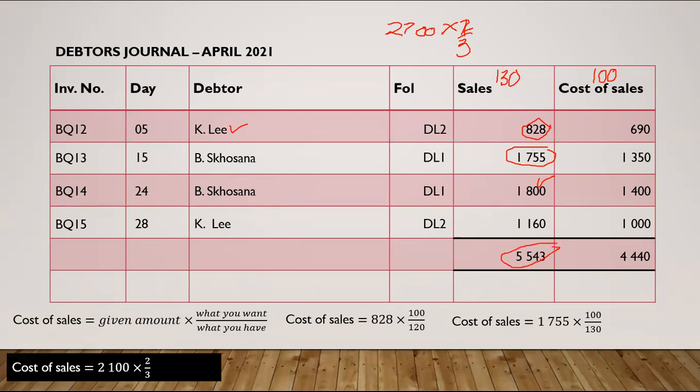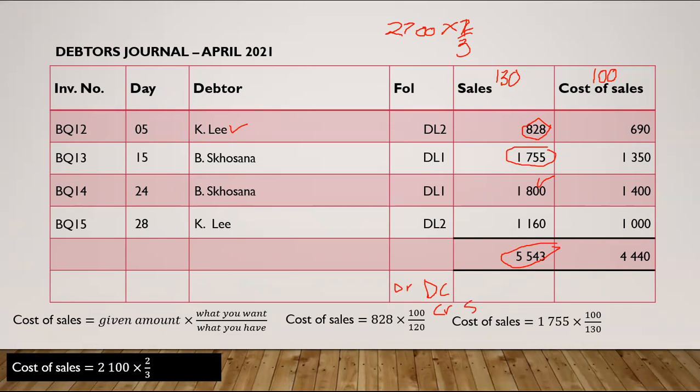You're going to record it on the debit side of debtors control, I'll write DC, and then on the credit side of sales, because that is income.